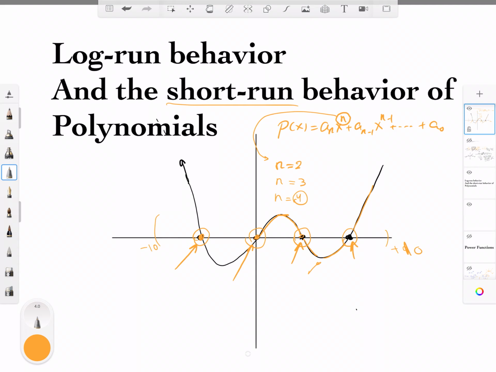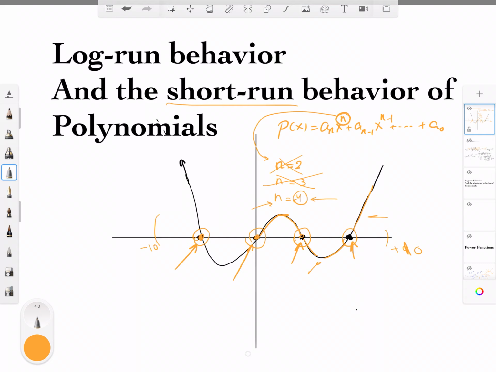So this might be degree 4, but definitely degree 3 is out, degree 2 is out. So this graph is not going to be x squared and not going to be x cubed. It might be degree 4. So this n tells us how many solutions we have, and also tells us how many times the graph turns.